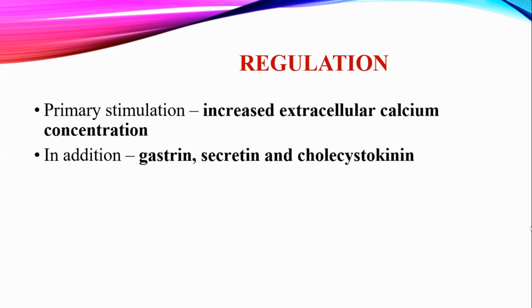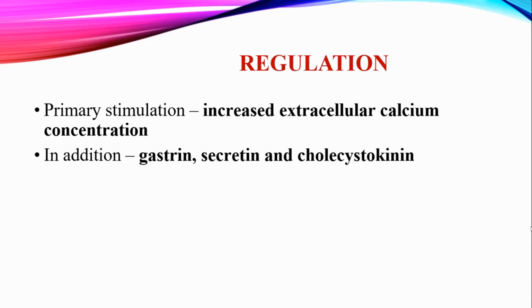By this, you may already know the function of calcitonin. Its function is just the opposite of parathyroid hormone and vitamin D. Parathyroid hormone increases the concentration of calcium in the serum, and calcitonin reduces it.